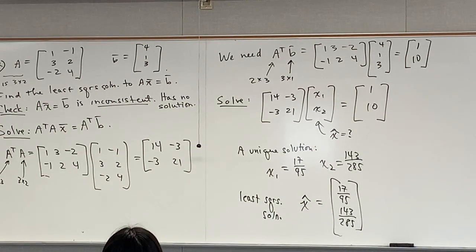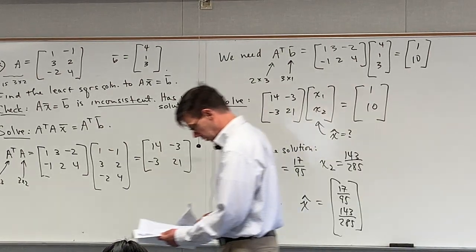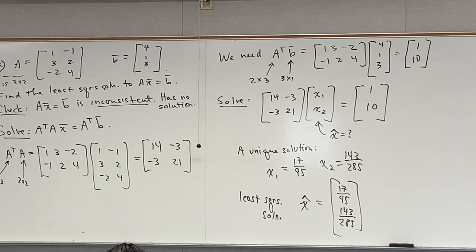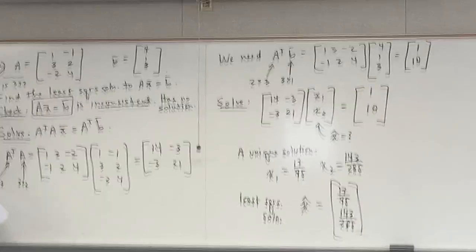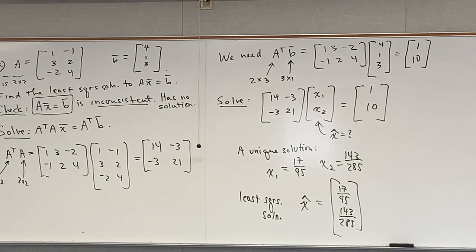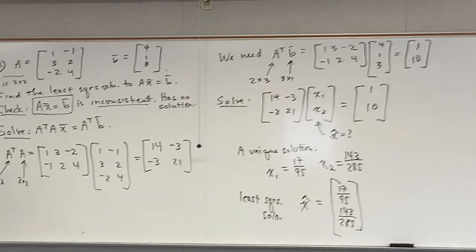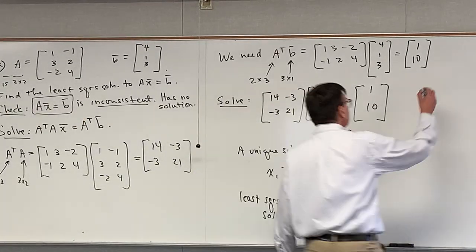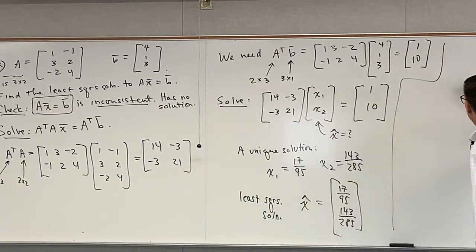If it were larger, it would not be so obvious. So it's kind of anticlimactic getting that fixed. But that's actually the closest vector to being a solution to AX equals B. This equation actually has no solution.